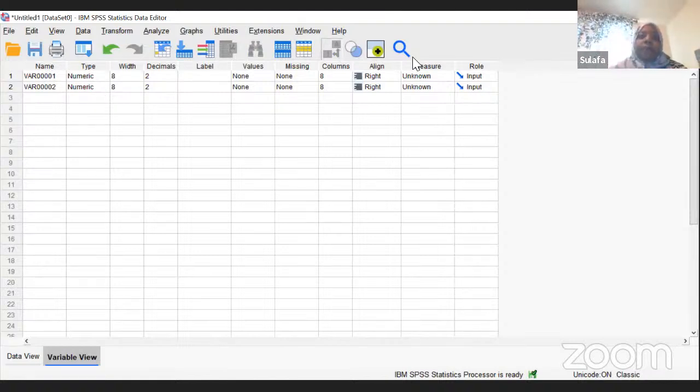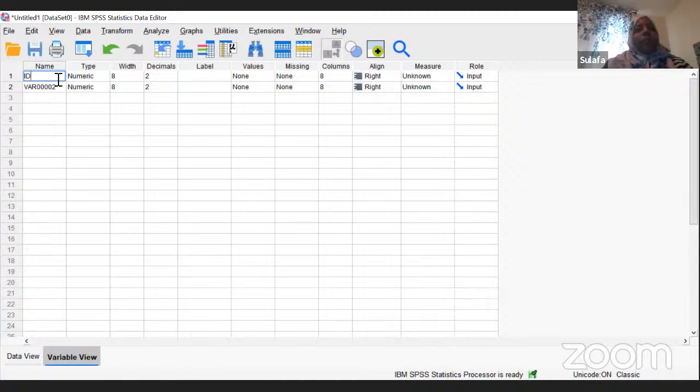Okay, so for example, the first variable, we can rename it as ID. And SPSS has special rules for naming your variable. You can put any special character in the middle, but you should start with an alphabetic letter, and you cannot put a space.